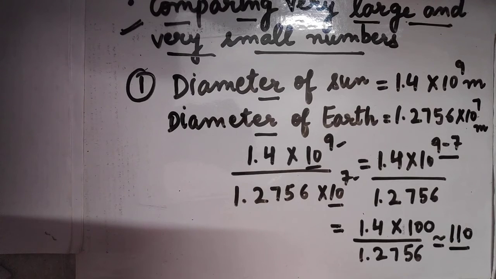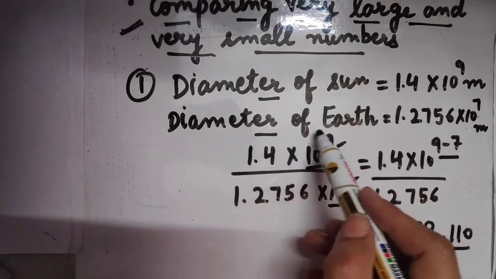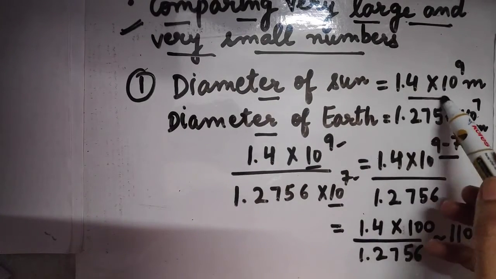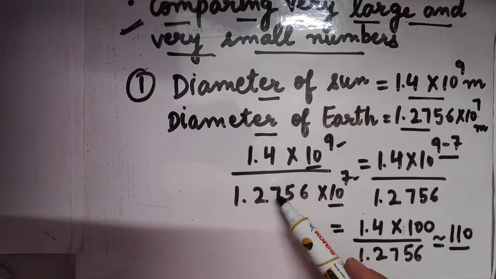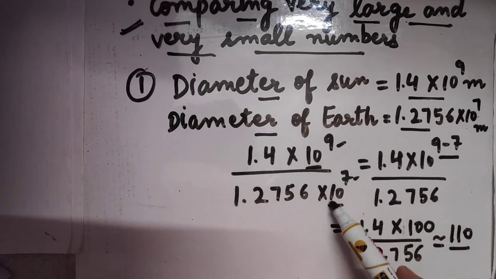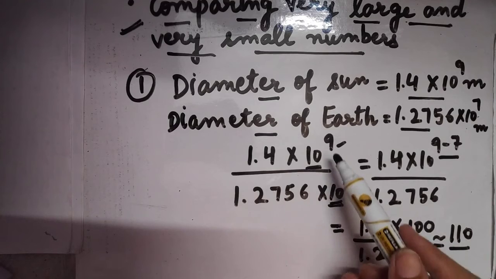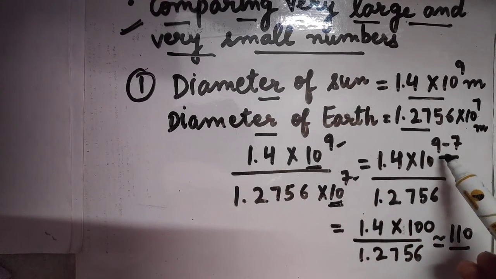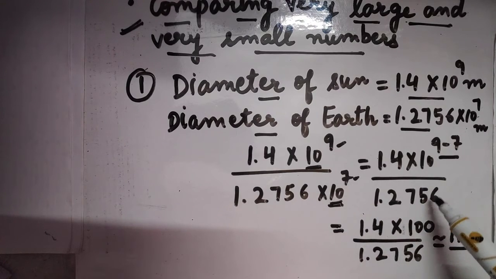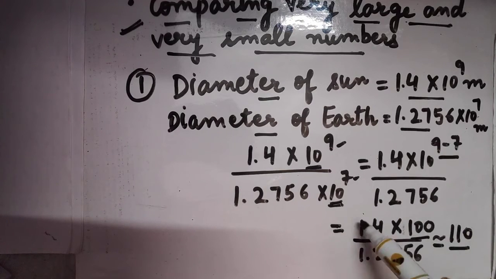So what we have done, we have compared the diameter of sun and earth and they are being given to us in the standard form. We have taken their ratio, or we have divided them, and as the base is common, exponents will be subtracted. As per the law of exponent, we will be getting 10 raised to the power 2, and after dividing you will find that it will be approximately 110.